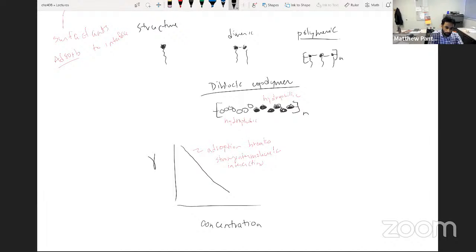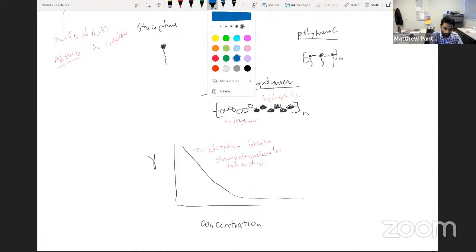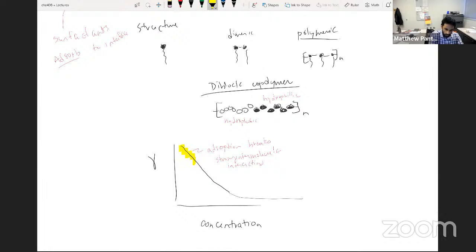One thing that you would notice, if you continue to increase the concentration, is that this won't happen indefinitely, because the surface does not have an infinite number of places that it can go. So in this region here, the adsorption is happening, and in this region, the surface is saturated.